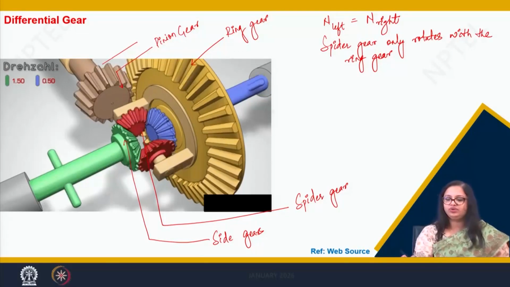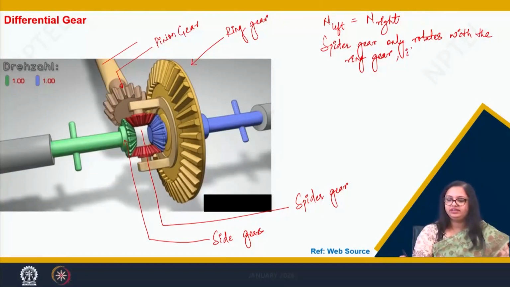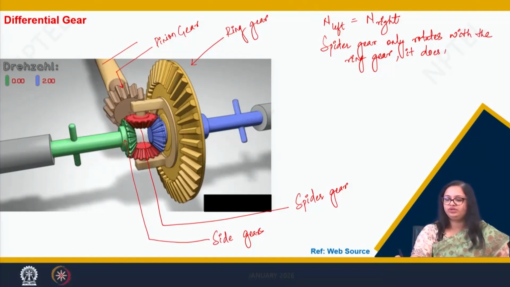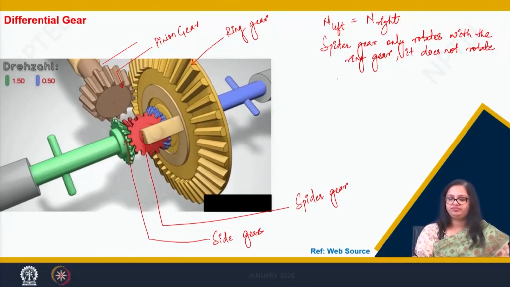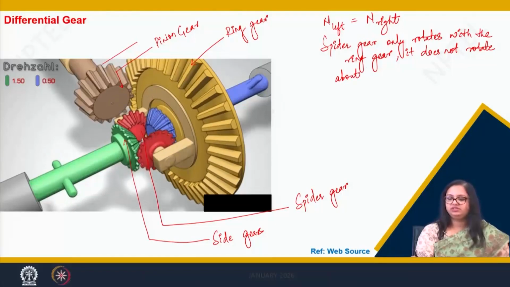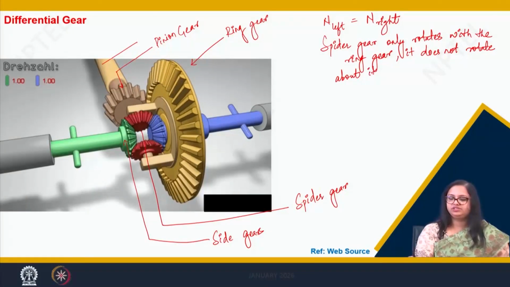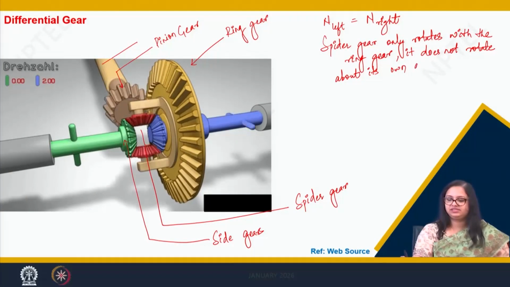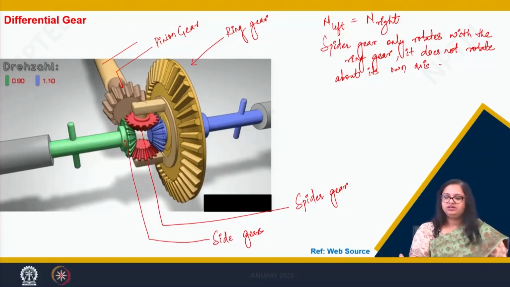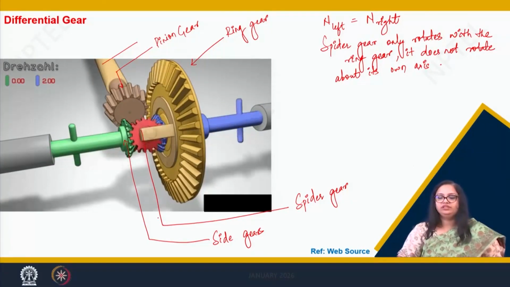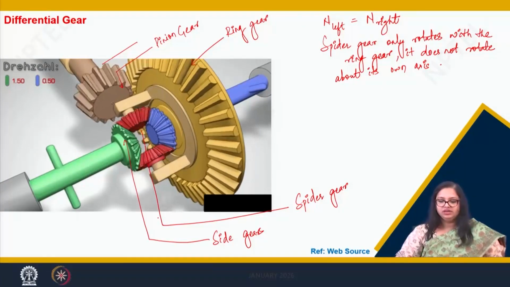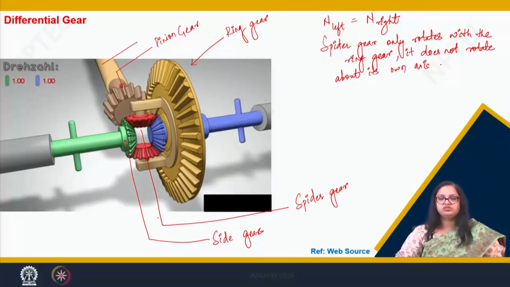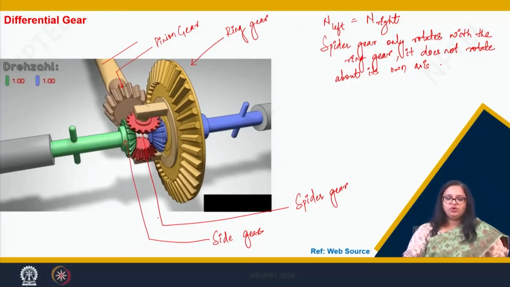It does not rotate about its own axis. However, when the vehicle has to take a turn, this spider gear also rotates about its own axis.